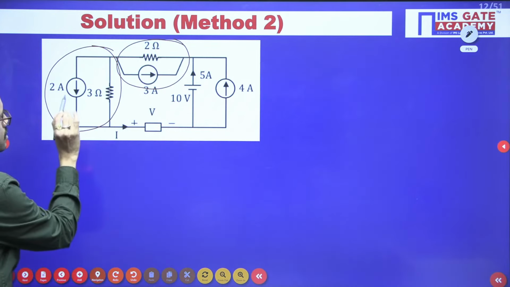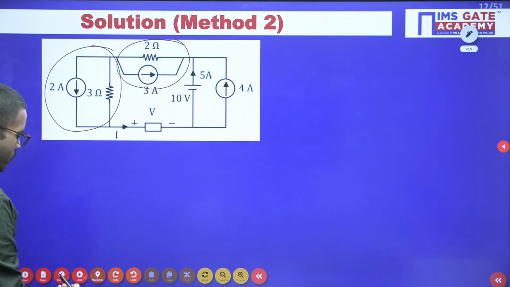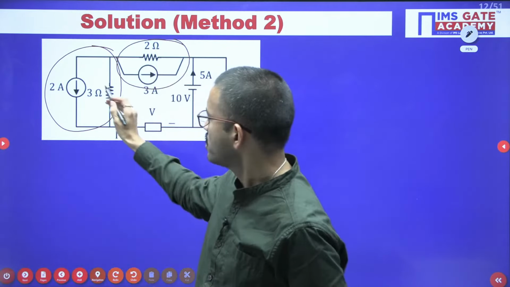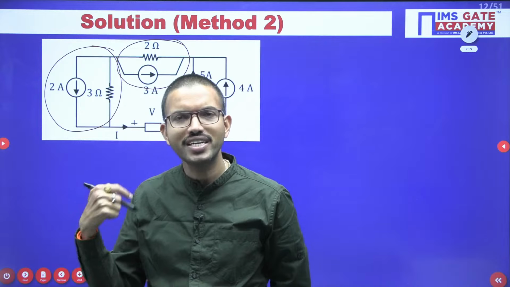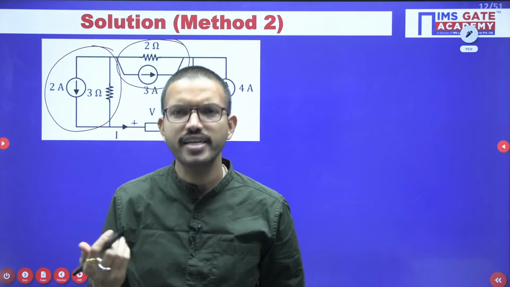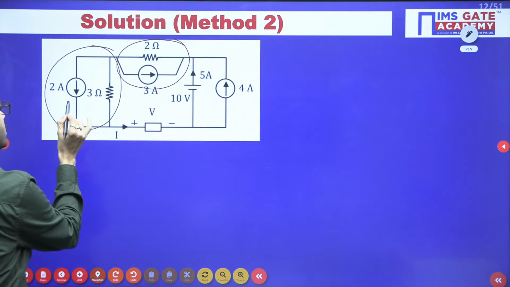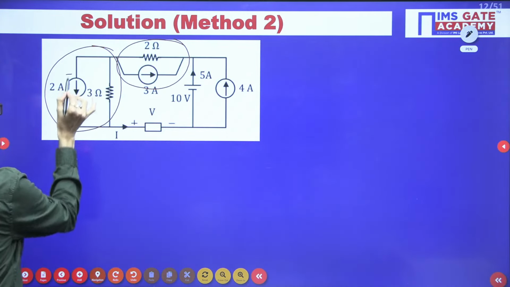Regarding this 2 ampere current source, whenever we apply source transformation, we are assuming that the source is delivering power. So current enters at the negative terminal and leaves from the positive terminal.